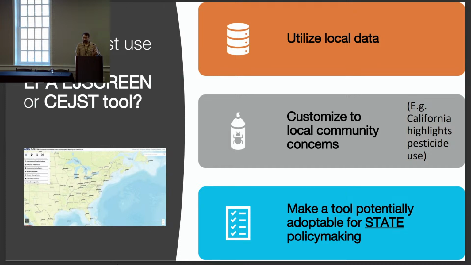We created a Maryland tool to specifically address the environmental conditions of Maryland, the state, which has obviously very different concerns from a place like Louisiana or Arkansas or Alaska, right? So we tailored our data set to things that would be most relevant to Maryland. We also used a lot of locally collected Maryland data.